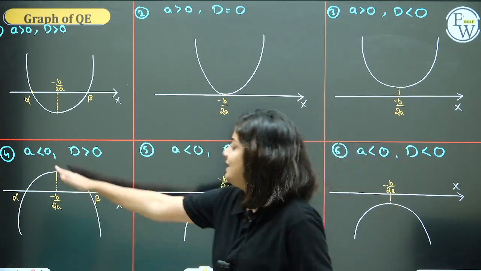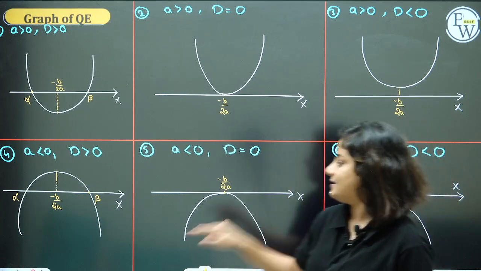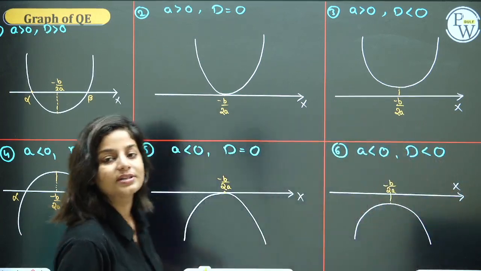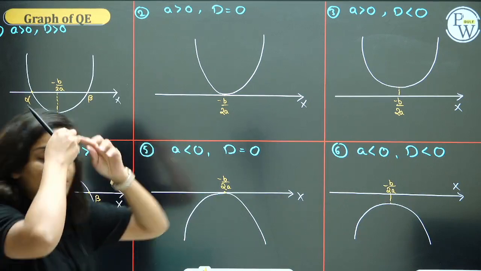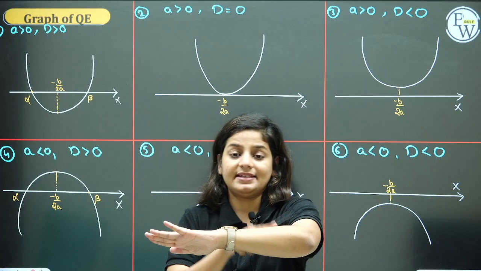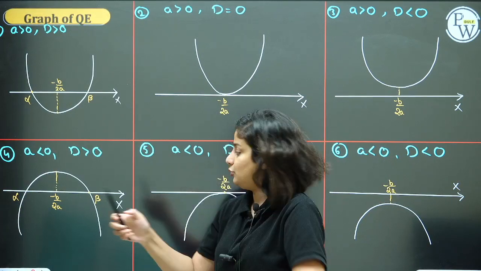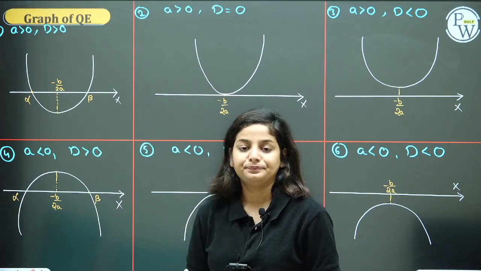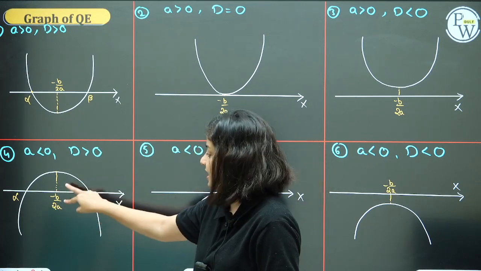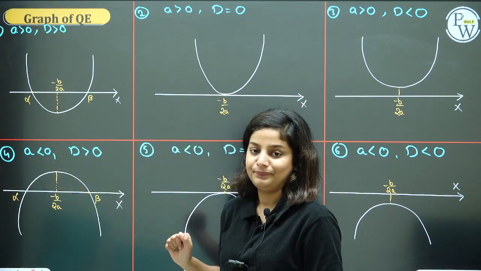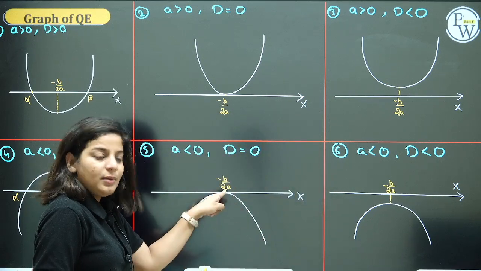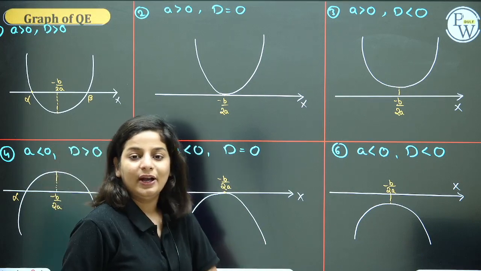Next three cases: A less than 0. Can you see the graphs are facing downwards? All three graphs are downwards. D positive, and because it's facing downwards, it should intersect the x-axis at 2 points, alpha and beta: minus b by 2a plus root D, and minus b by 2a minus root D. If D is equal to 0, it is downward facing but touching at only 1 point, minus b by 2a.